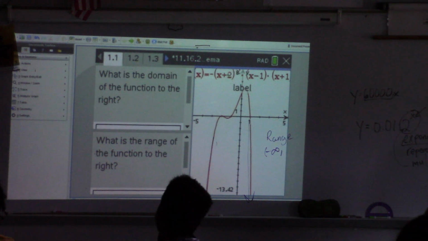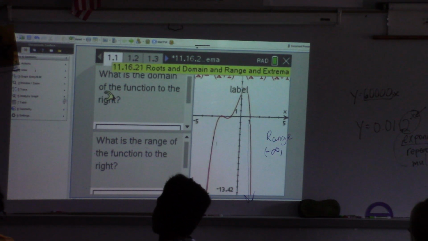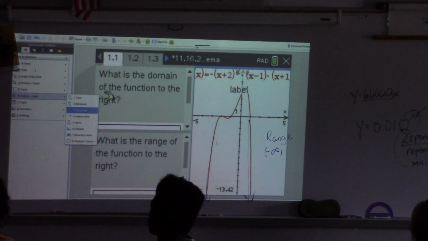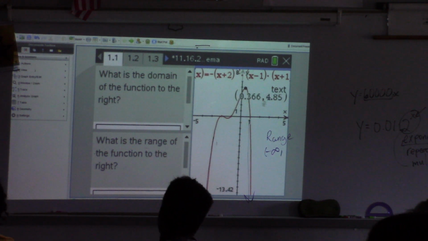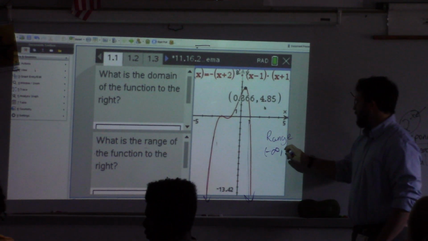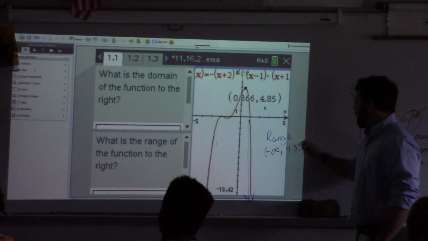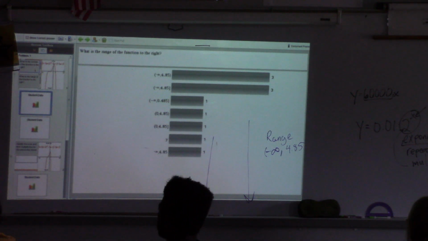How'd you get that? Okay? And so this is what we would consider an absolute maximum. We'll talk about that a little bit today. But notice it's a 4.85 here. Now, I want to point out that the top set of answers that we had, there's a slight difference in these answers.